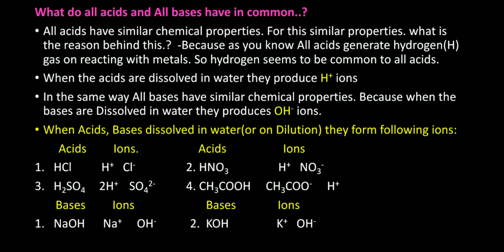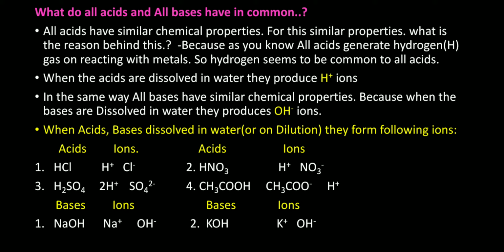Fourth acid, CH3COOH, acetic acid, is also an acid. When it dissolves in water, it produces CH3COO- and H+ ions. Then come to the bases. Base number 1, NaOH.